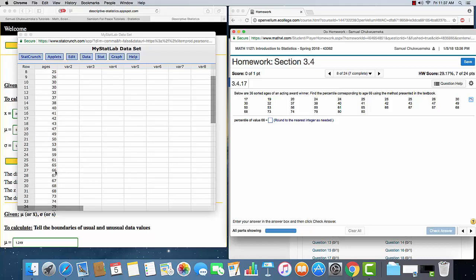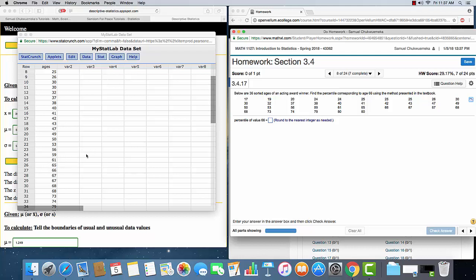And how many ages are less than 66? 26 people. 26 people have ages below 66 years, right? 26 people. So we will do this 26 divided by 36 and then multiply by 100.